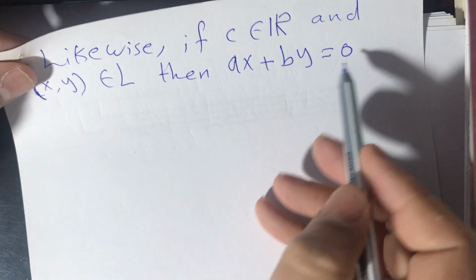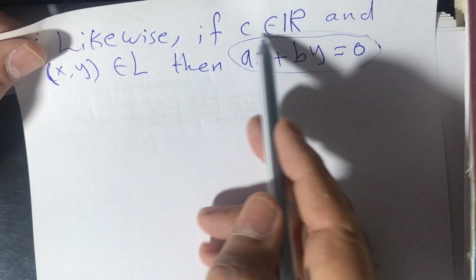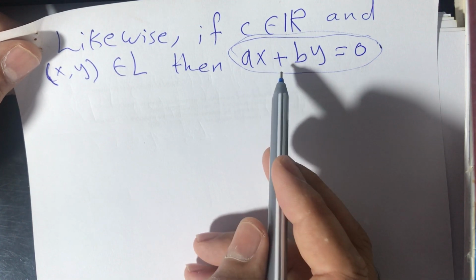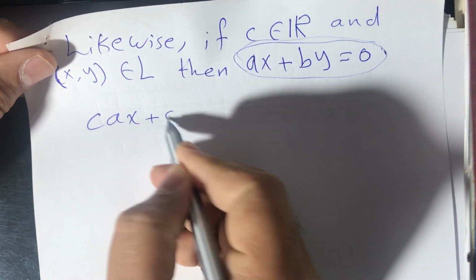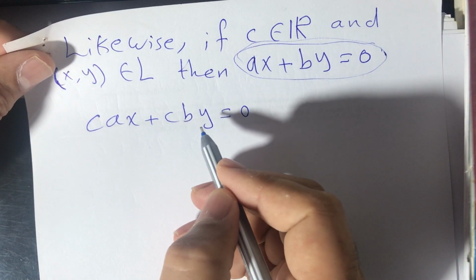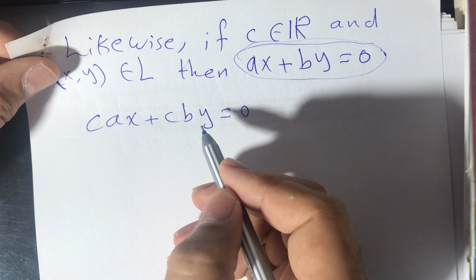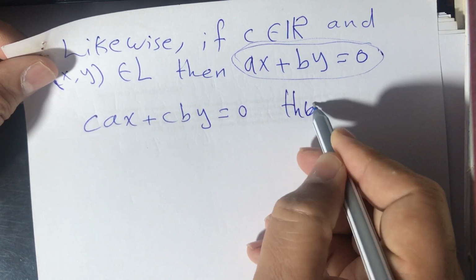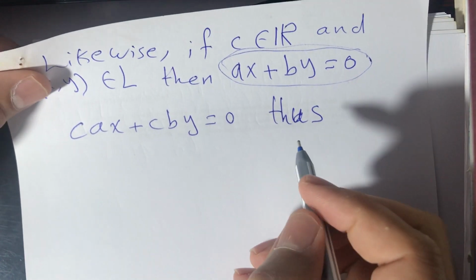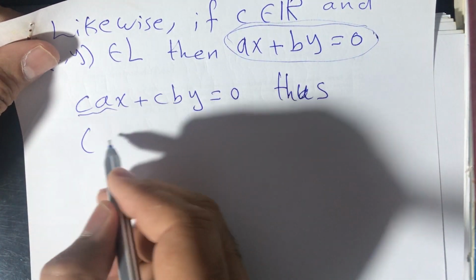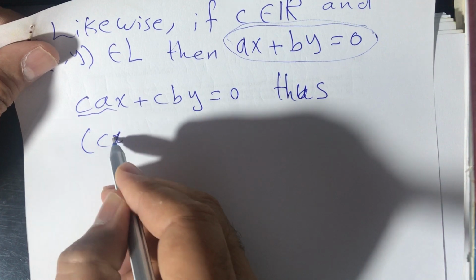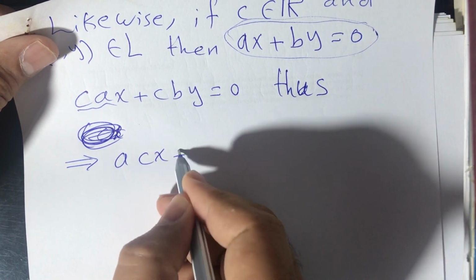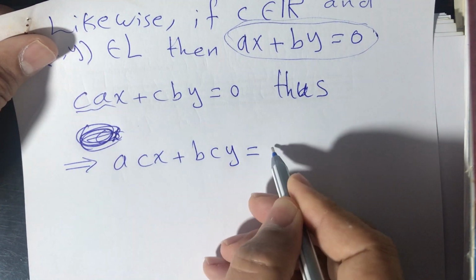If I multiply this equation by C, we can get CAX plus CBY equal to 0, which is equivalent to ACX plus BCY equal to 0.